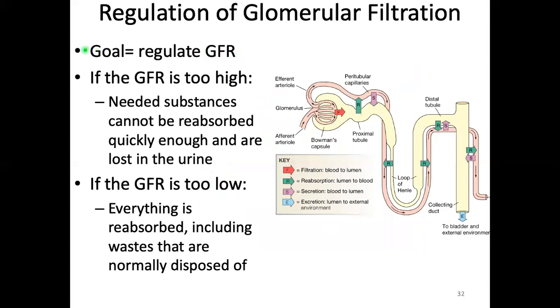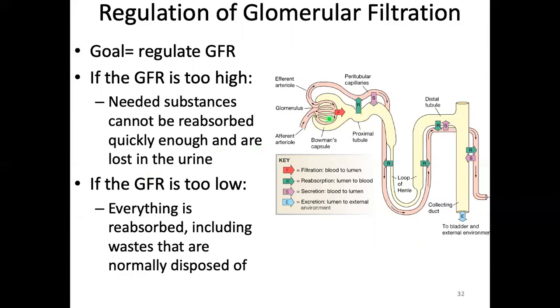The goal is to keep glomerular filtration rate constant. Why? Okay, so if your glomerular filtration rate is too high, then urine's going to flow through the tubes too fast and you're not going to pull in what you need. If glomerular filtration rate is too low, then everything's going to go through the tubes really slowly and you're going to pull in wastes, and normally you kick out wastes.